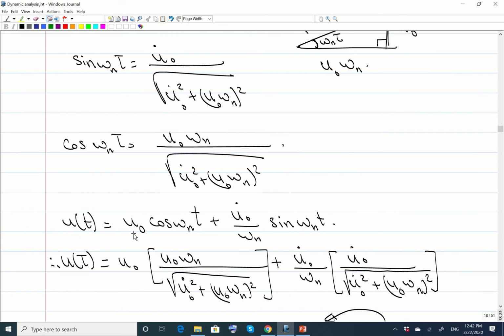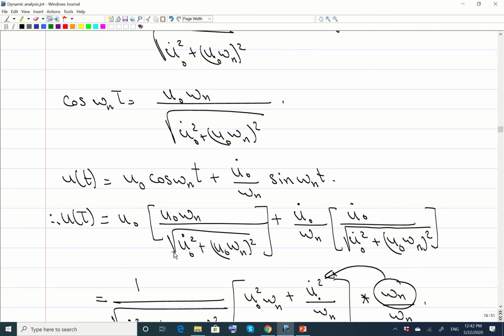U of t is equal to u node cosine omega n t plus u dot node divided by omega n sine omega n t. This u of t will be maximum when t is equal to tau. So u of tau, the maximum amplitude, is going to be u node cosine omega n tau plus u dot node divided by omega n multiplied by sine omega n tau.